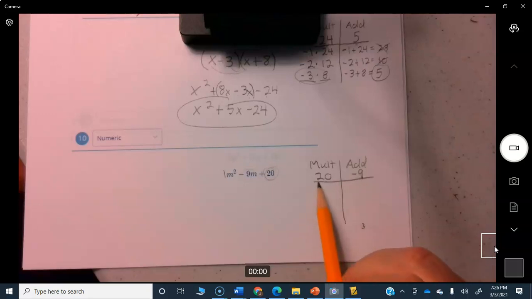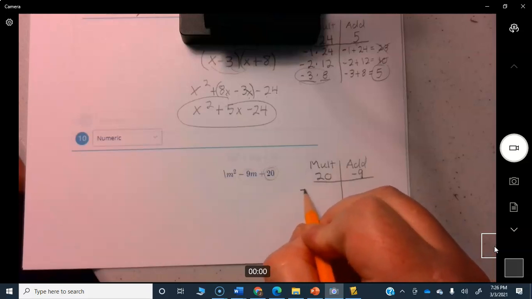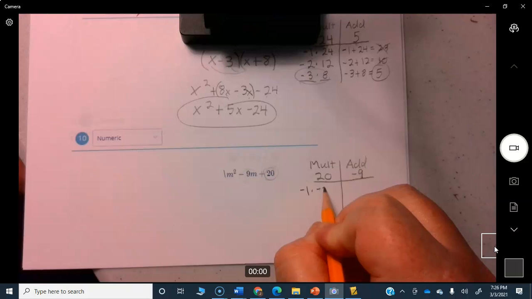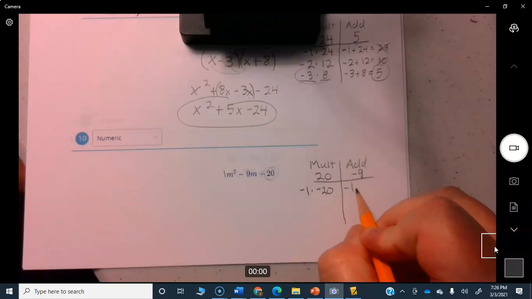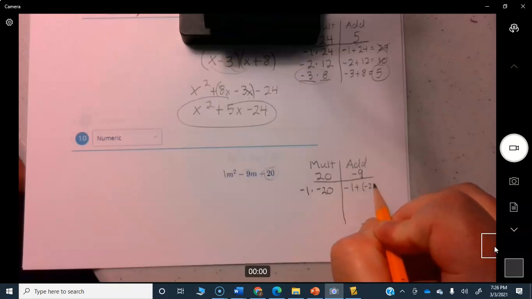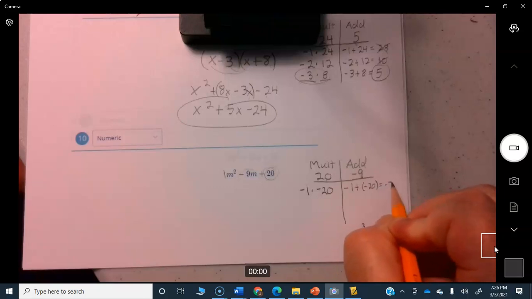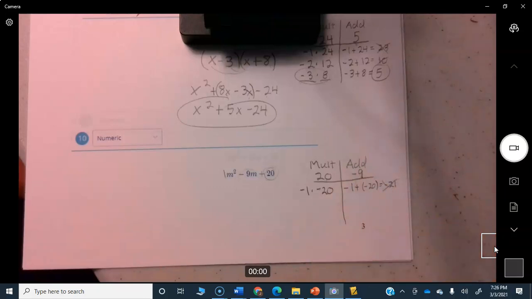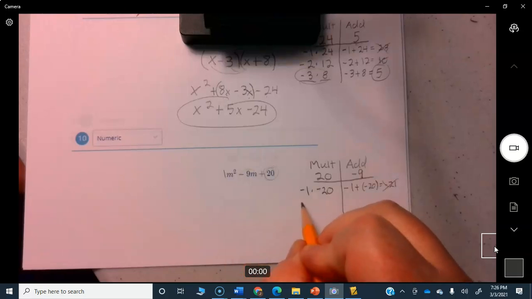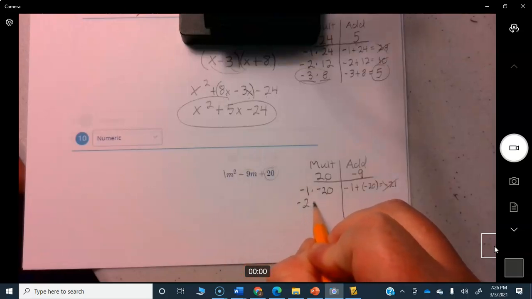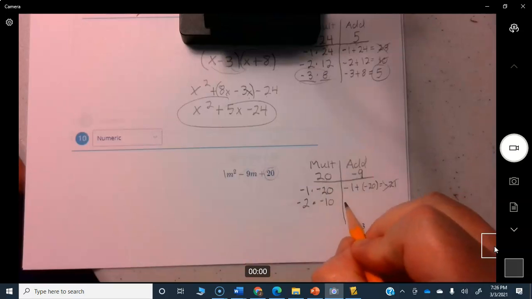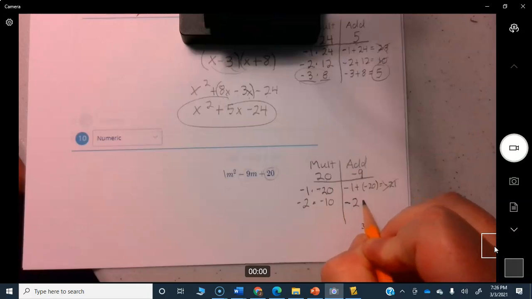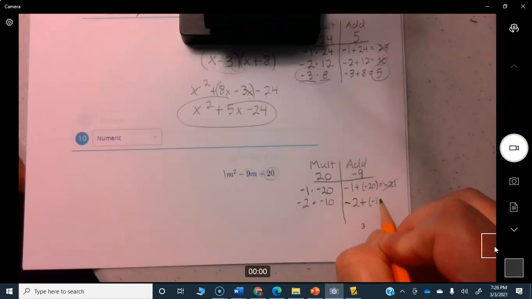So I'm going to go ahead and just find combinations that multiply to 20. I'm going to start with -1 times -20. So that does equal positive 20. -1 plus -20 is going to equal -21. That does not equal -9, so that's not the one. Let's go to the next number, -2. -2 times -10. That does multiply to be positive 20. -2 plus -10 equals -12.